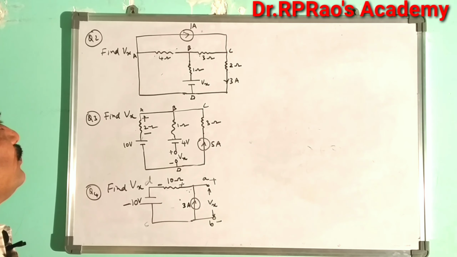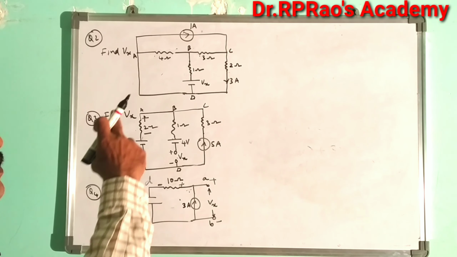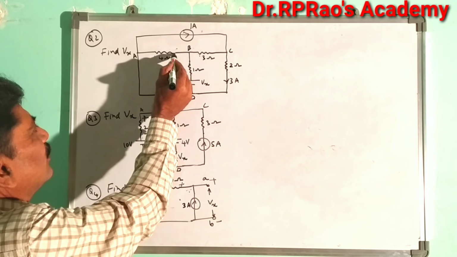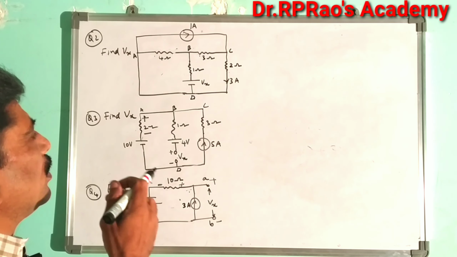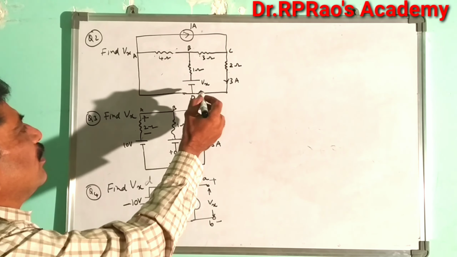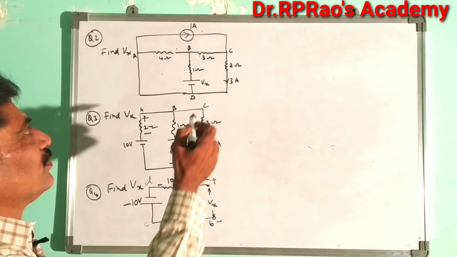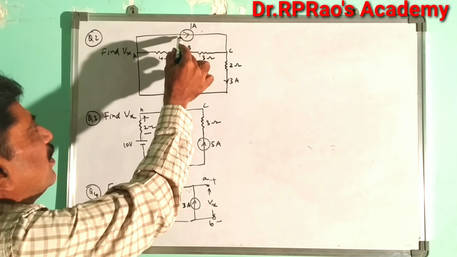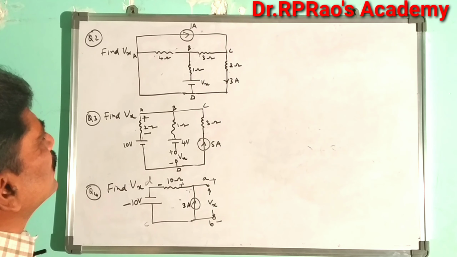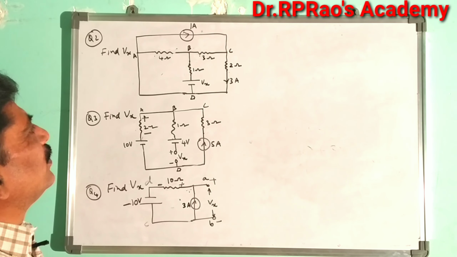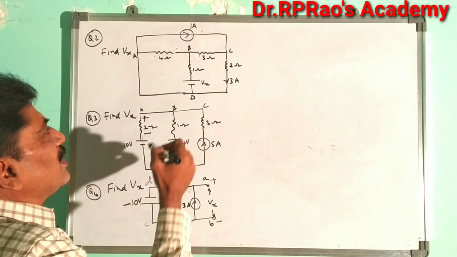Next question. Second question, find Vx in the given circuit. Vx is an unknown value and there is a 1 ampere current source here, and in this branch 3 amperes is flowing.